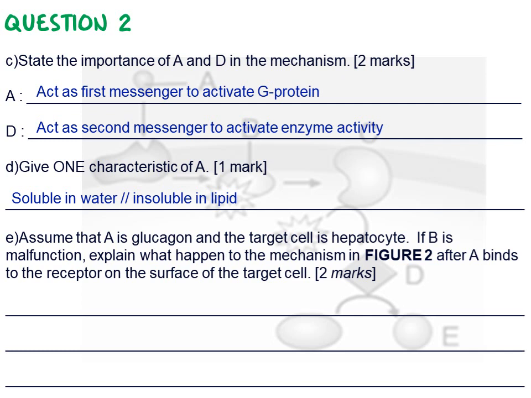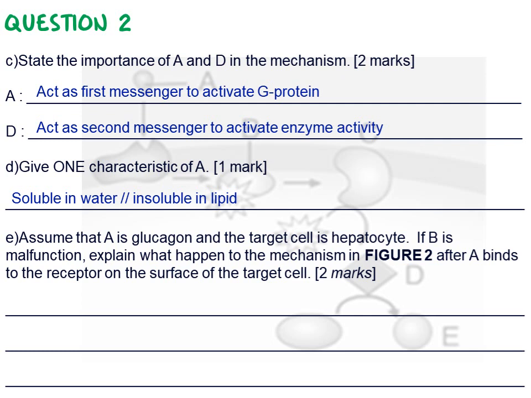Assume that A is glucagon and the target cell is hepatocyte. Hepa means liver. Cyte is cell. So hepatocyte is liver cell. If B is malfunction, so B tadi G protein, explain what happened to the mechanism in figure 2 after A binds to the receptor on the surface of the target cell. So A example is glucagon.